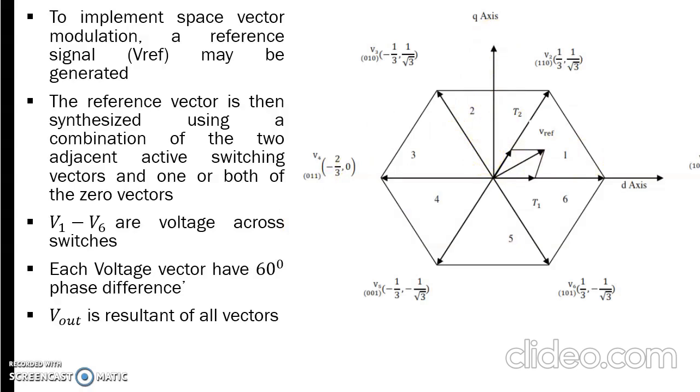So the basic assumption is that there will not be any requirement of 3 quantities to find out the output voltage. You only need 2 quantities, the direct axis component and the quadrature axis component. From that itself you can find out the output voltage. So the mathematical complexity can be reduced.